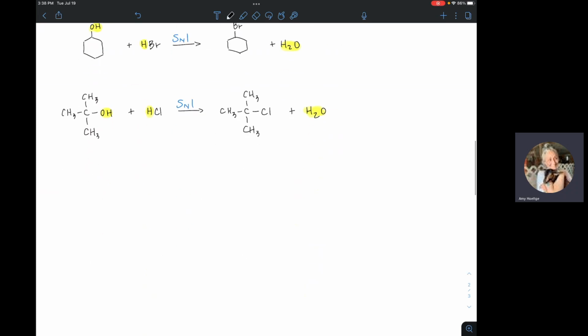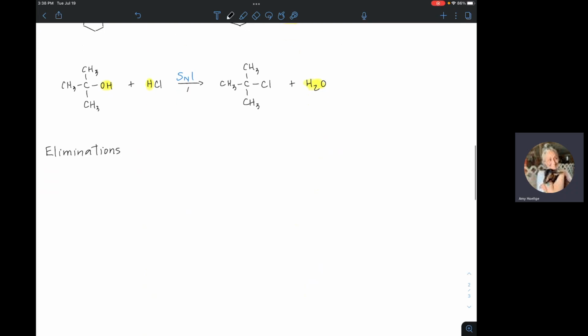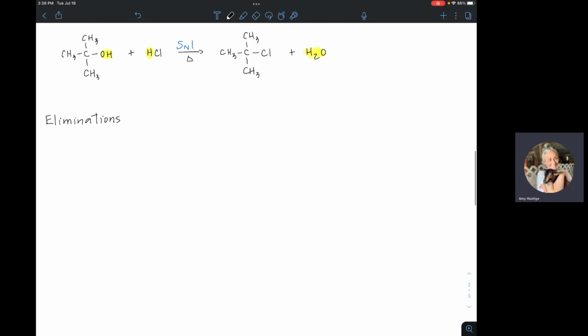We can also do eliminations. So, probably need some heat for that one. With the elimination reactions, we have a name for this type of reaction with alcohols. It's called a dehydration reaction. And it's going to be acid catalyzed.